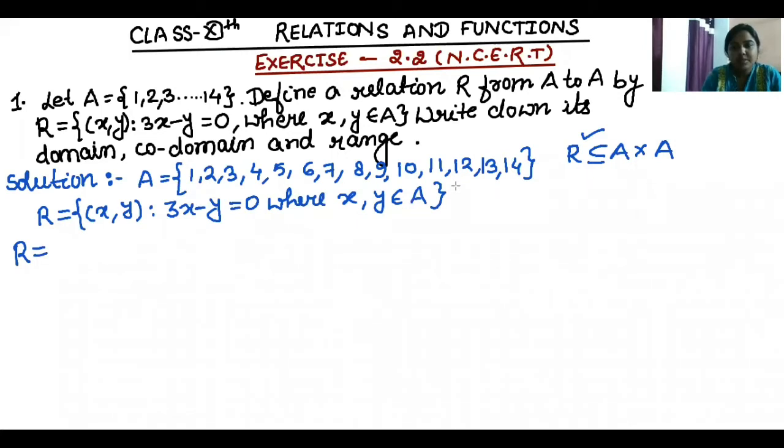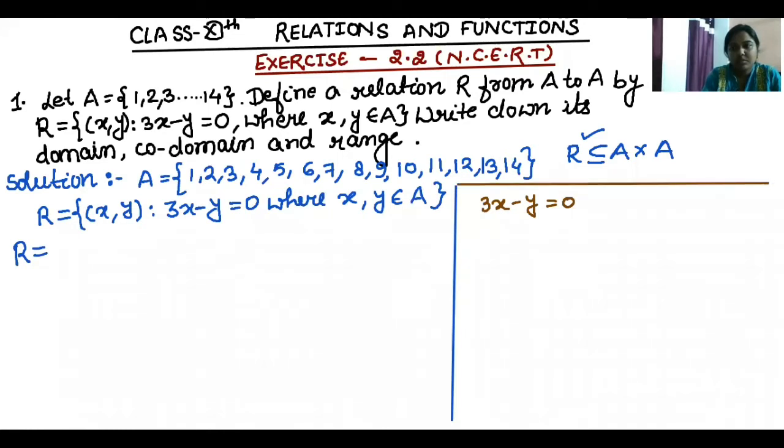I'm doing rough work on this side. Just finding the elements of R. The condition for R is given here: 3x minus y equals 0.